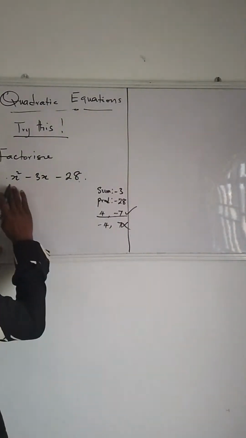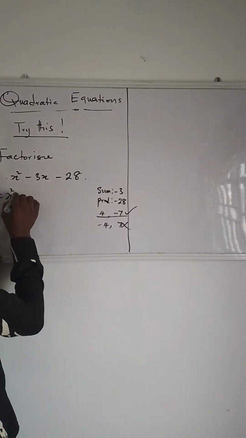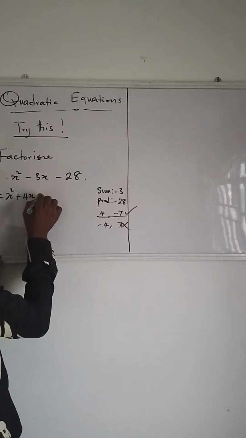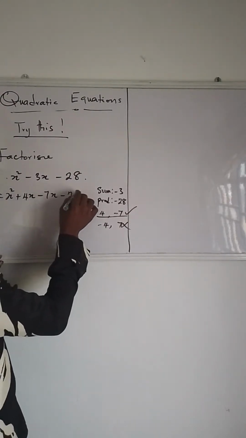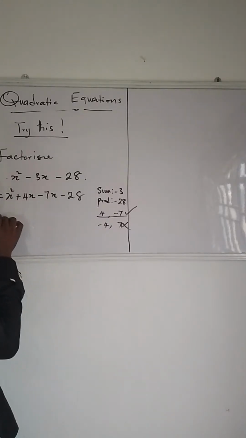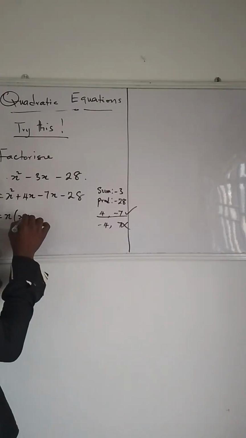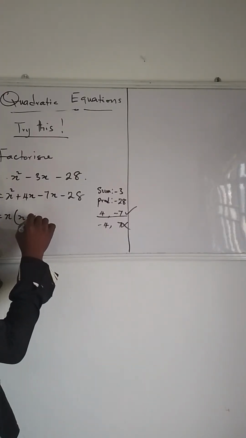Okay, so that means the expression we have here turns to x squared plus 4x minus 7x minus 28. Okay, so you look for the common factor. So the common factor is what? X. So what can go here is x. What can go here is x as well. So we are left with 4.